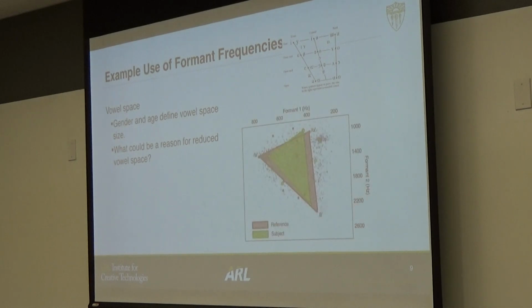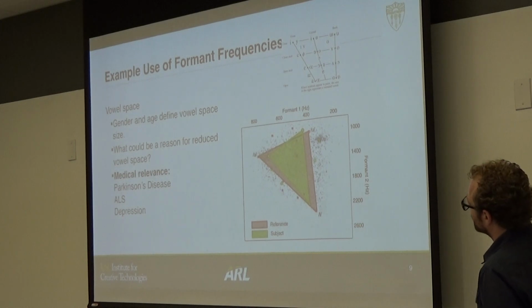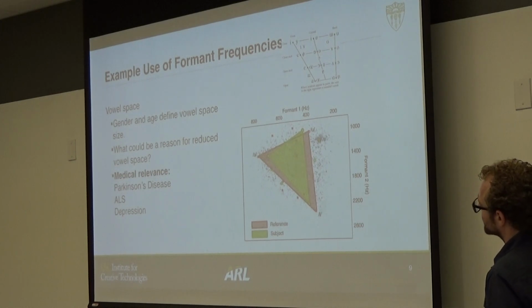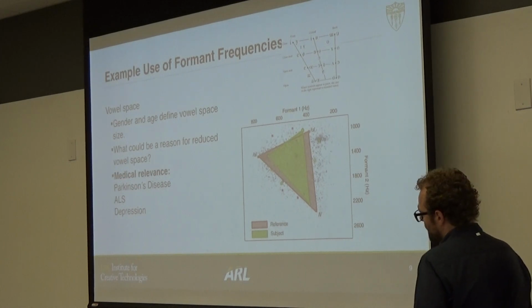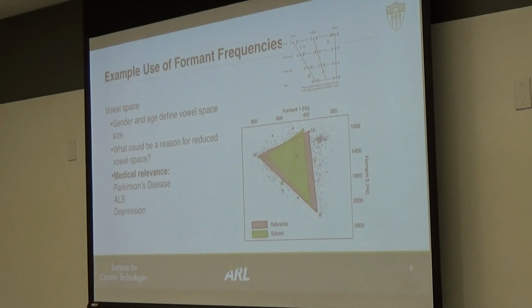And this is our example here, where we said the medical relevance is important. You remember these triangle plots that I showed you. And actually, it's not only relevant for depression, but also for other motor disorder disabilities.